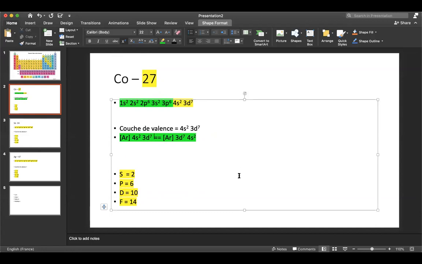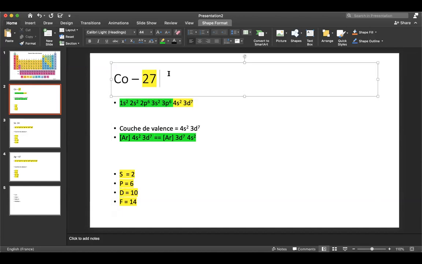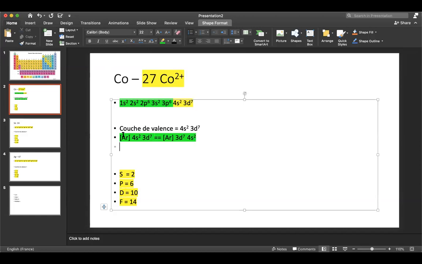Then if it's an ion, how many electrons is it going to lose? The outermost shell is this, the 3d, that's the outermost shell. If it's going to be a cobalt 2 plus ion, how many electrons? Come on, you guys, what's happening?